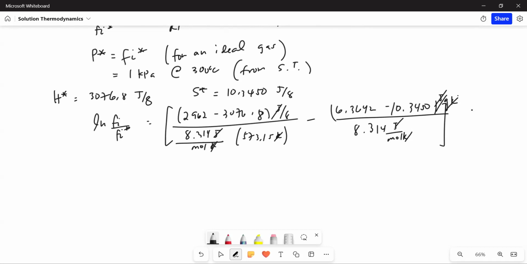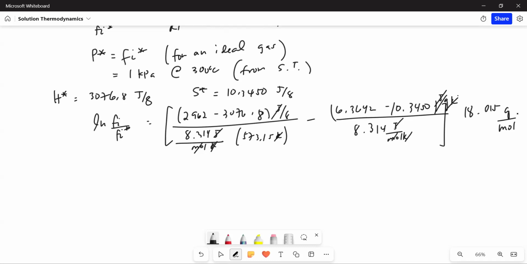So to remove that, because we want this to be a dimensionless quantity, as we are going to exponentiate this quantity, we multiply with the molar mass of water, which is 18.015 grams per mole. Now we can cancel all the units.